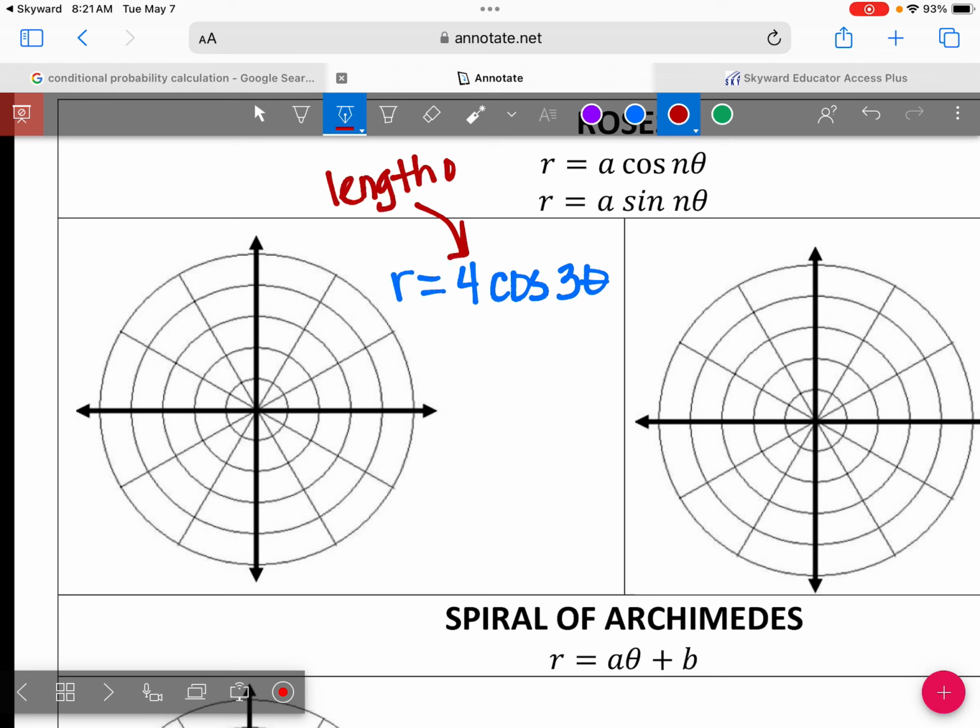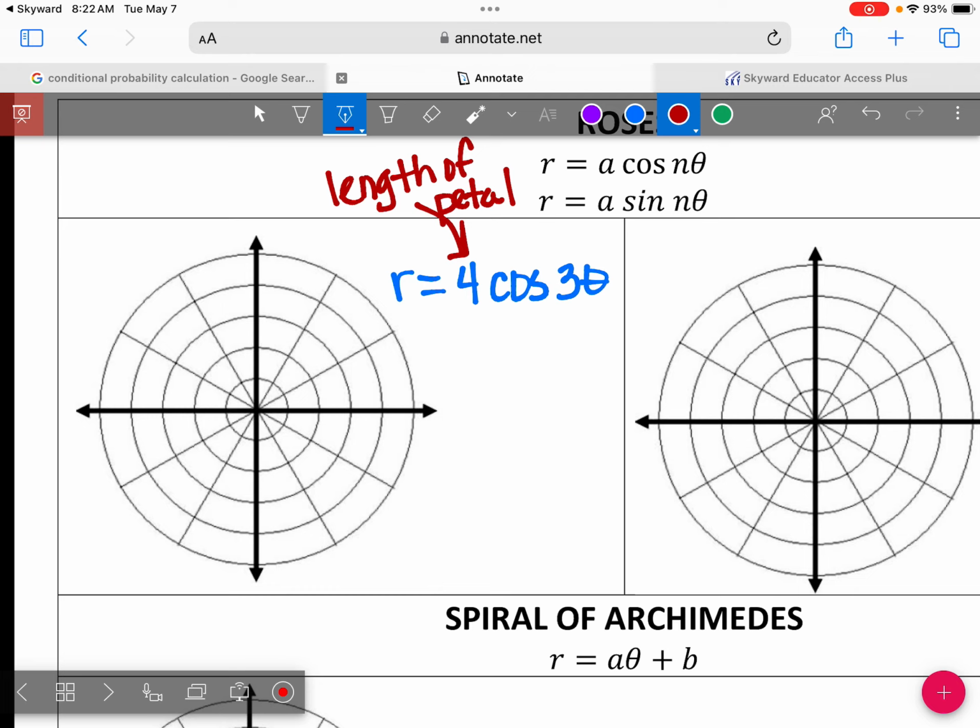So if you want your rose to go towards the very edge of your project board, then you just need to play with that first number and adjust it accordingly. So because of that, I know that this rose is going to go out to the 4th ring.